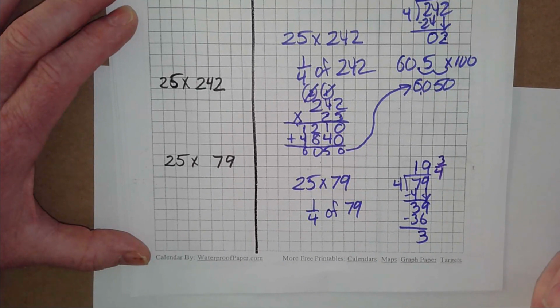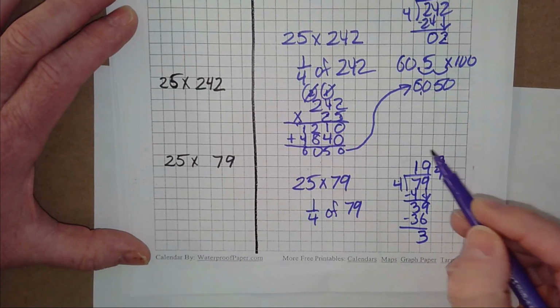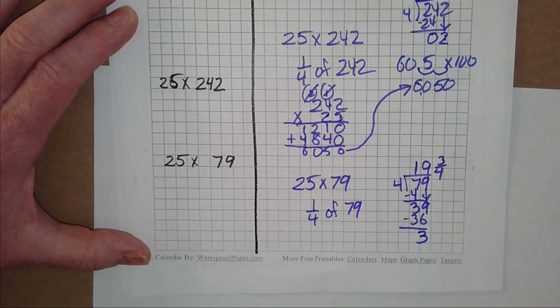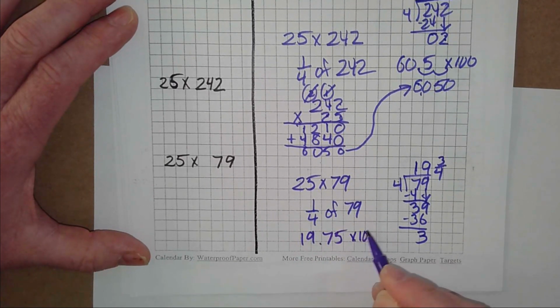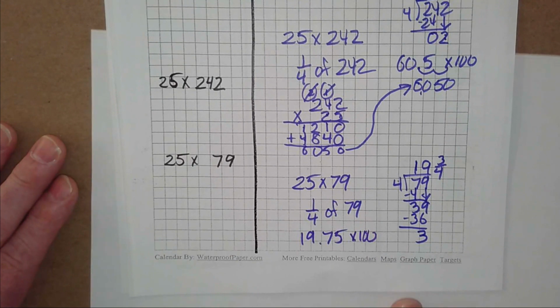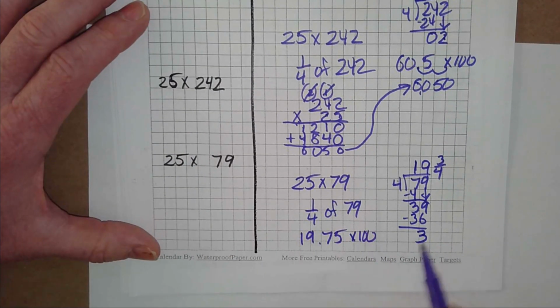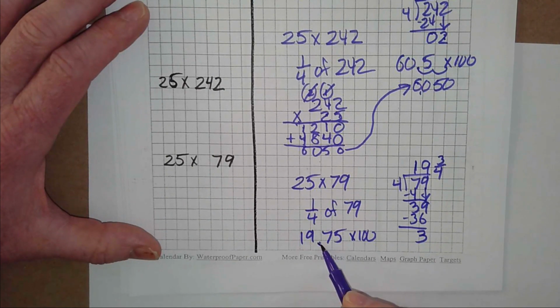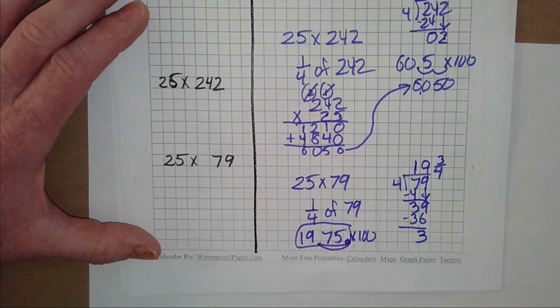What is that as a decimal? 19.75. Multiply that times 100, and what do we get? Just move the decimal over how many places? 2 places. So our answer is 1,975.